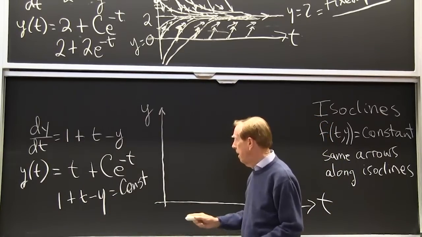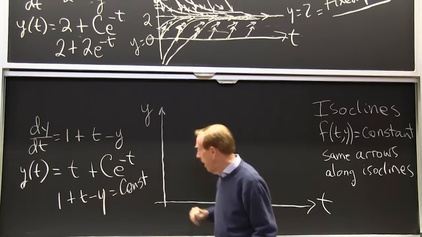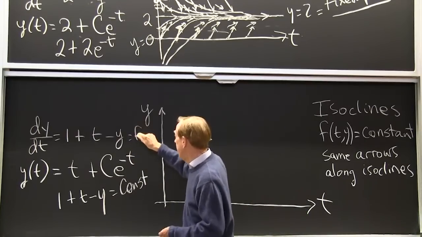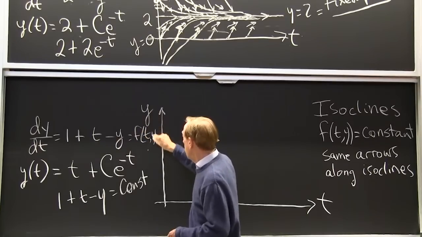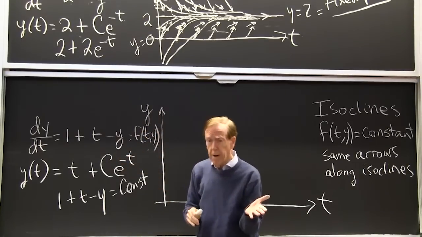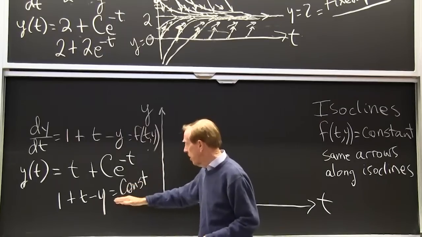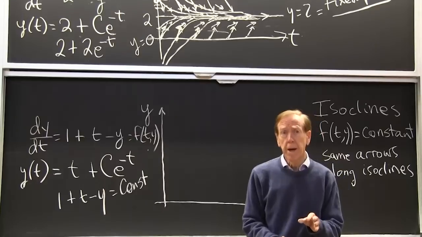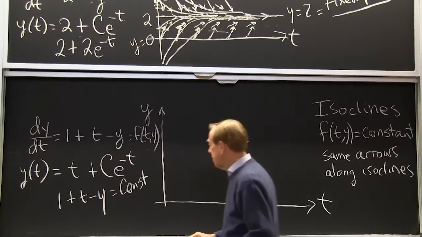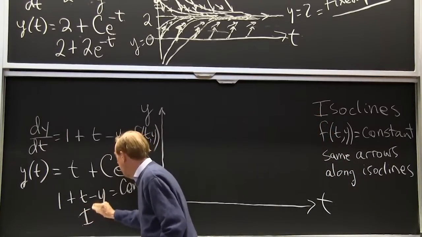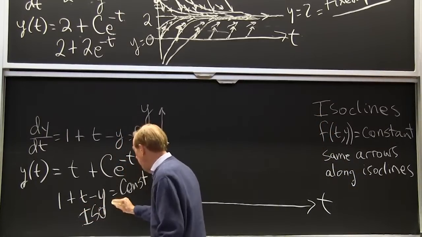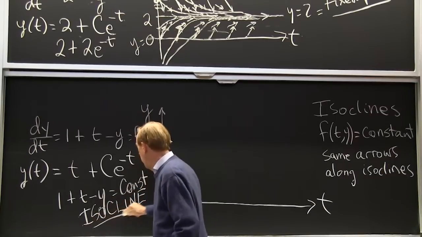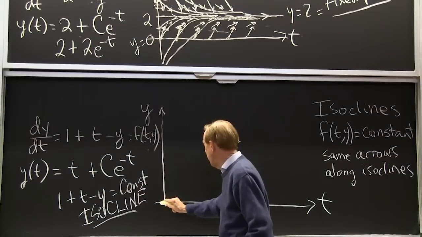Along that line, the f of t and y, the arrow slopes, are the same. That line is called an isocline. Iso means the same, and cline means slope. So here's an isocline.